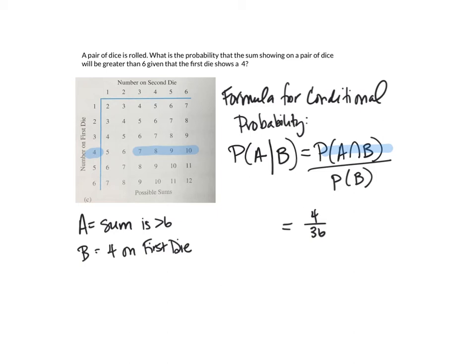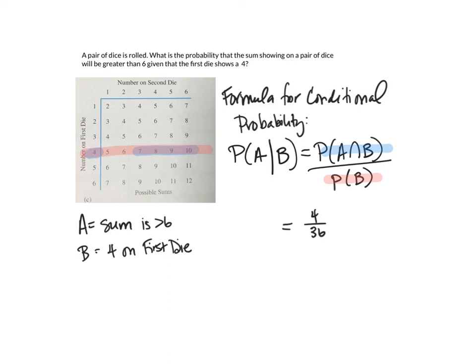All right. So now the probability of getting just B, so the probability of getting a 4 on the first die, well, that's that entire row.